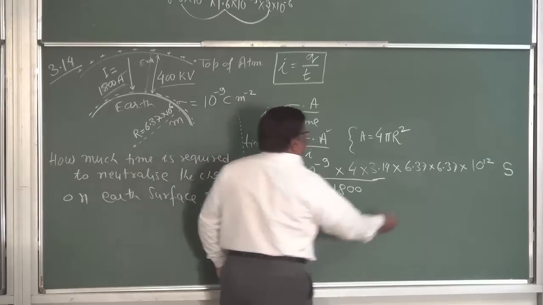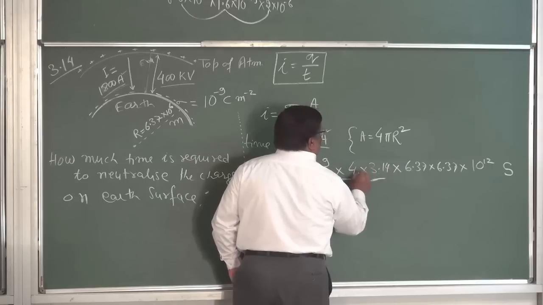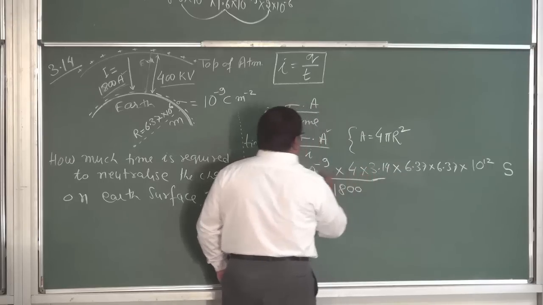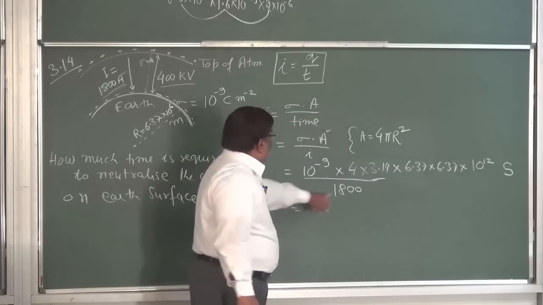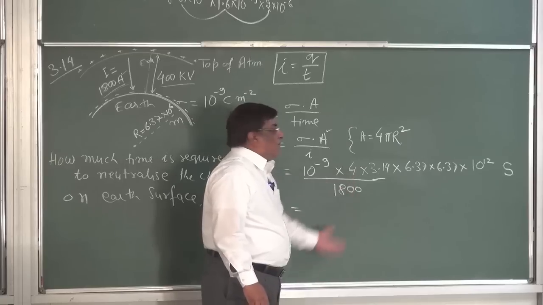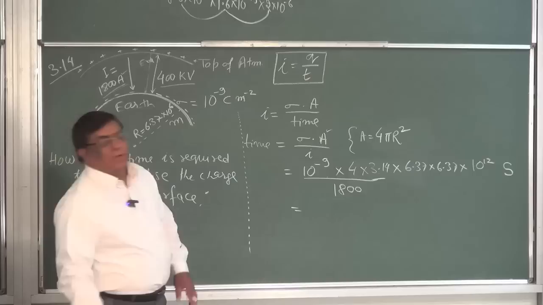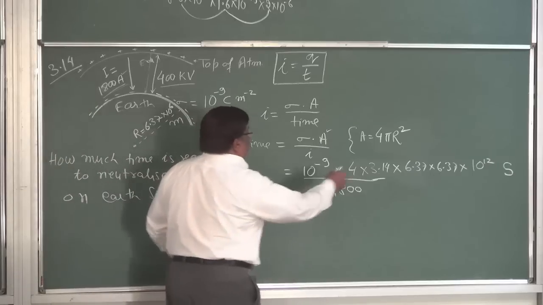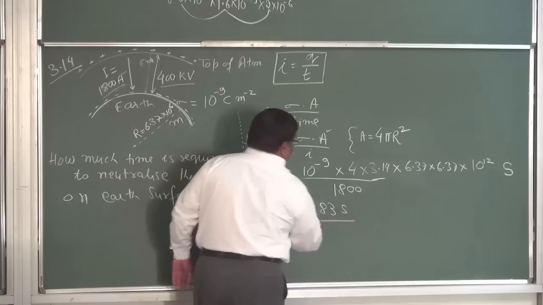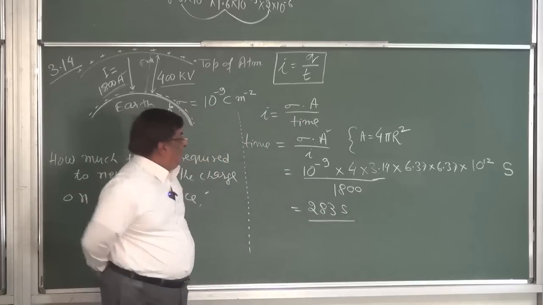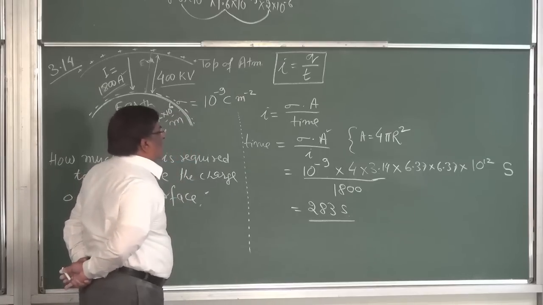You can do it. 6.37 into 6.37 into 3.14 into 4 multiplied by 10 to the power minus 9 plus 12, that is 10 to the power 3, and here 1800, divide by it and you get the answer. Please do the calculation and tell me. So this is approximately 283 seconds. आपका भी आया? Correct. So this 283 second will be the time, approximate time.